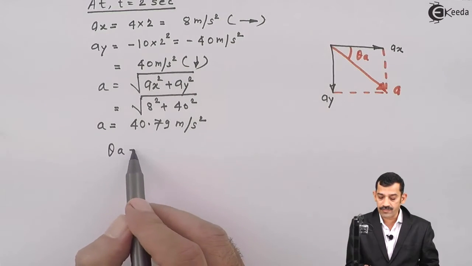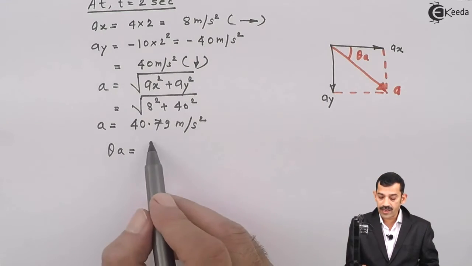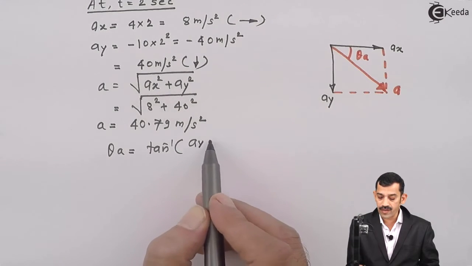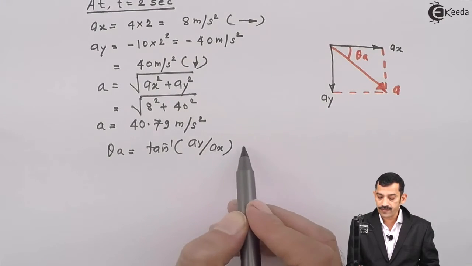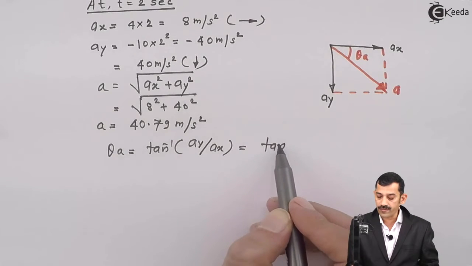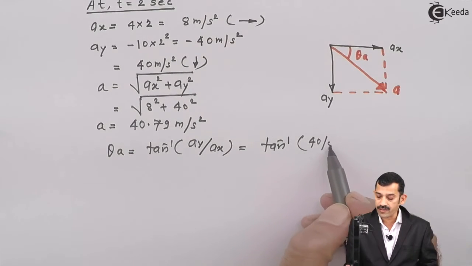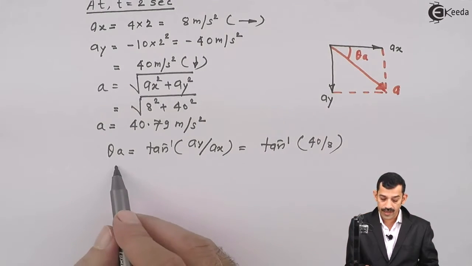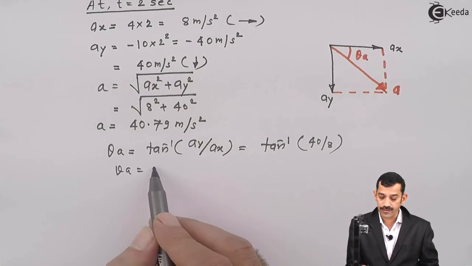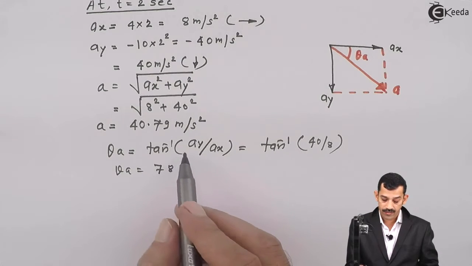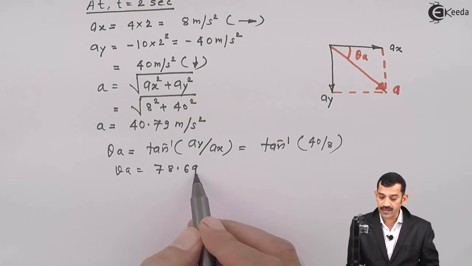For the inclination theta A, if you want to find it, tan inverse of opposite upon adjacent, that means tan inverse of ay, which is 40, divided by ax, which is 8. Therefore, angle theta A, calculated using a calculator, comes out to be 78.69 degrees.